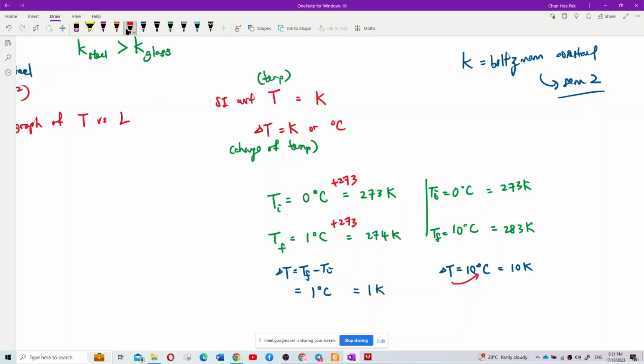You can either put degrees Celsius or Kelvin because the value is the same. Understand? The increase of 1 degree Celsius is the same as increase of 1 Kelvin.